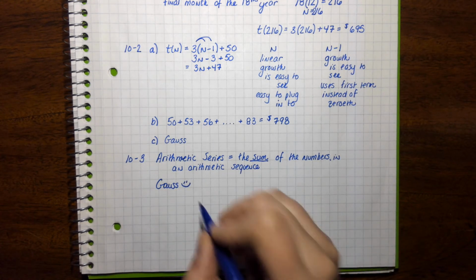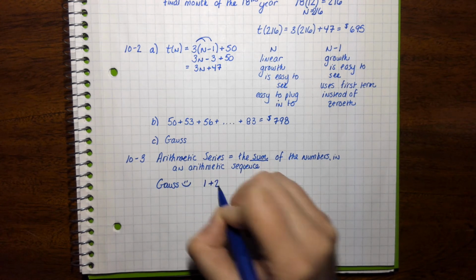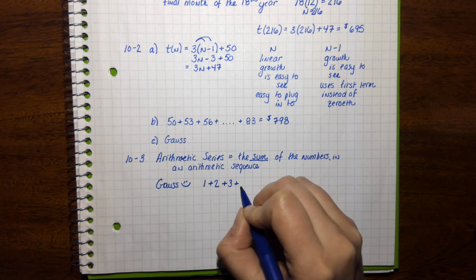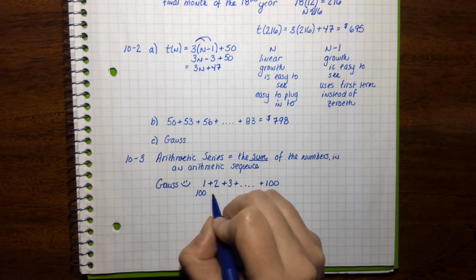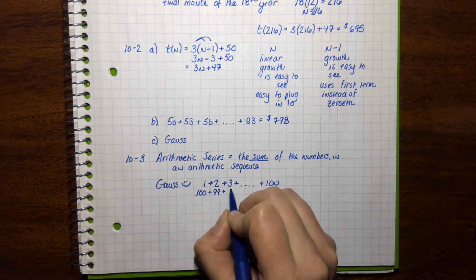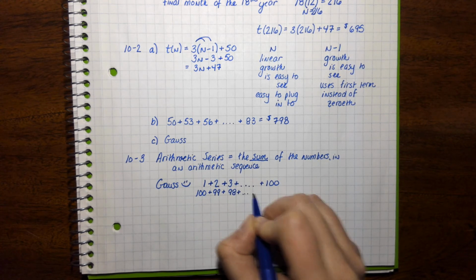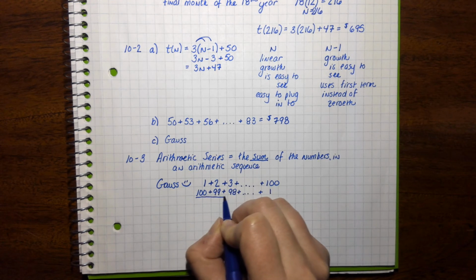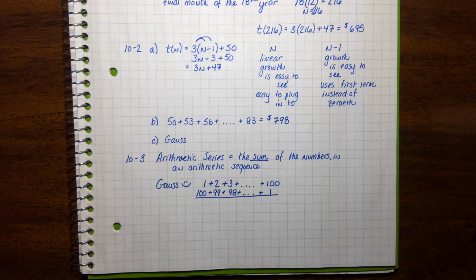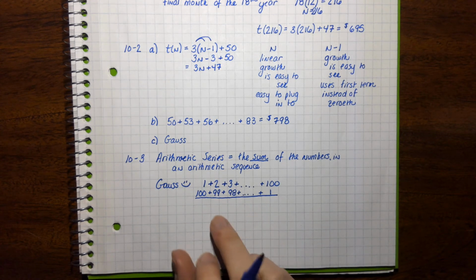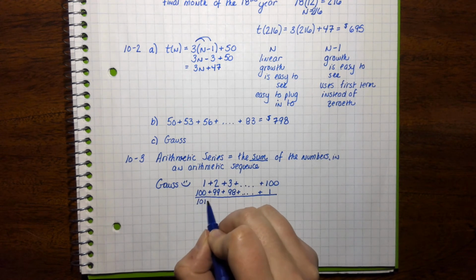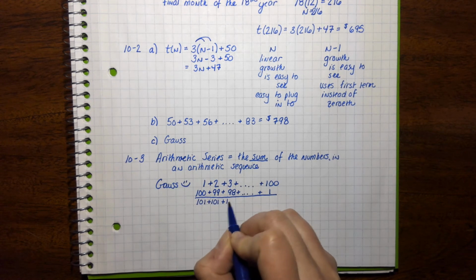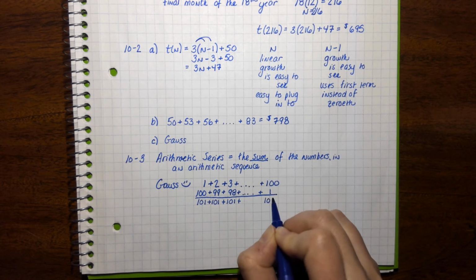He came up with this in about 2 seconds, by the way. Okay, so first thing he did was write the numbers 1 through 100. He didn't write them all because he's too smart for that. Forwards and backwards. And then he added up each column and noticed that they all added to the same number.